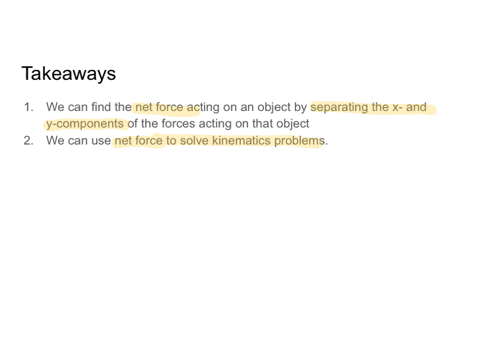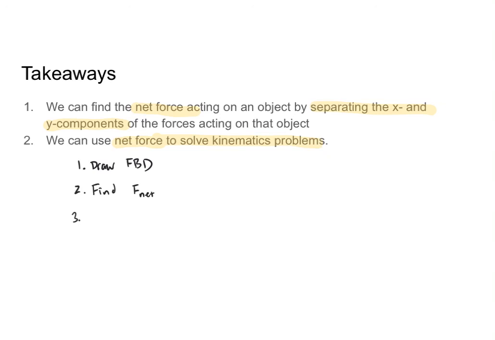And I do want to quickly walk through the steps that we did here because we did a bunch of different problems. So for all of our problems, we started by drawing our free body diagram. Then we used our free body diagram to find our net force.